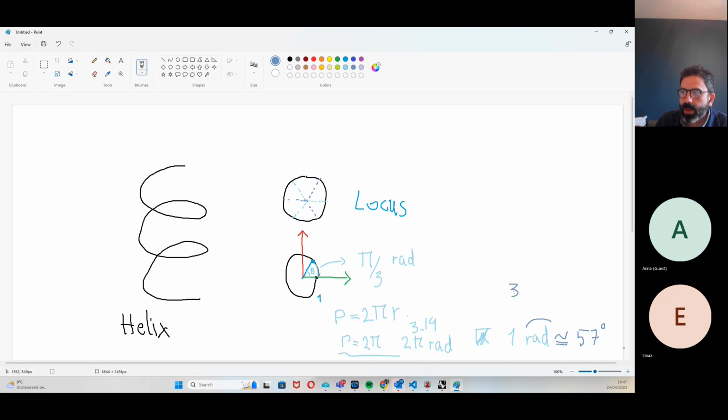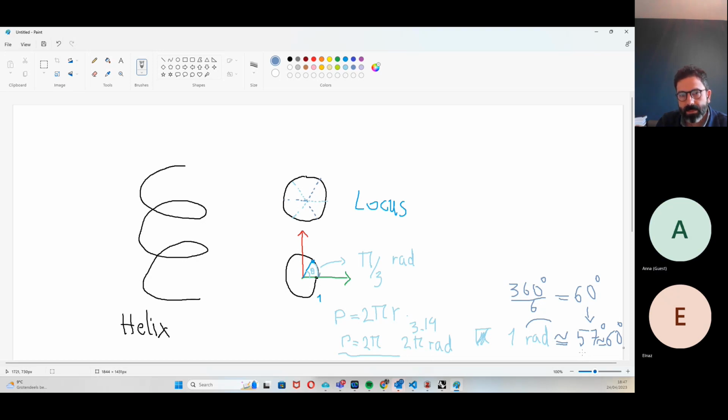We are all pretty much used to the idea of the whole circle being 360 degrees, right? So 1/6 of it is almost 60 degrees. So 1 radian is almost equal to 60 degrees. Correct?